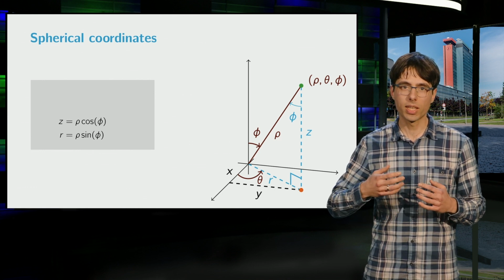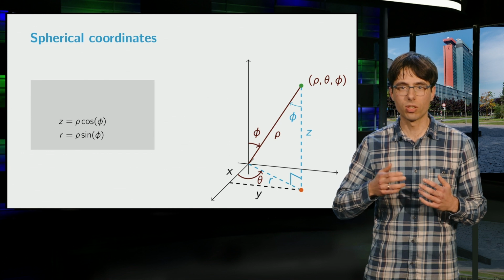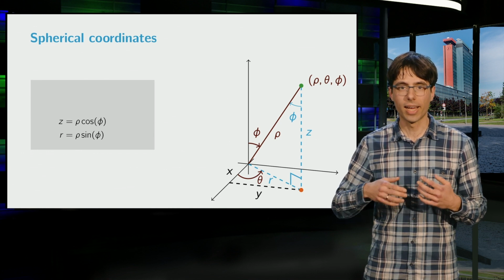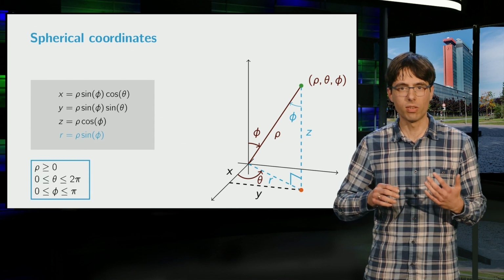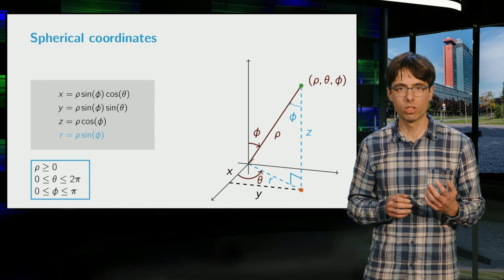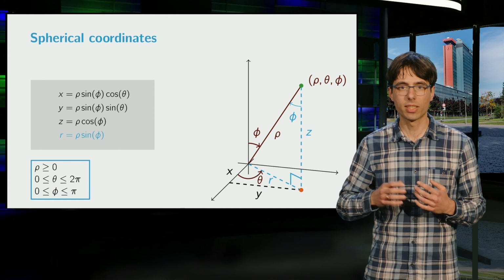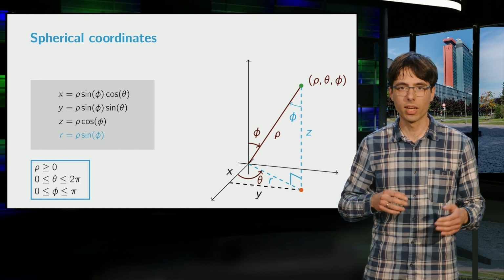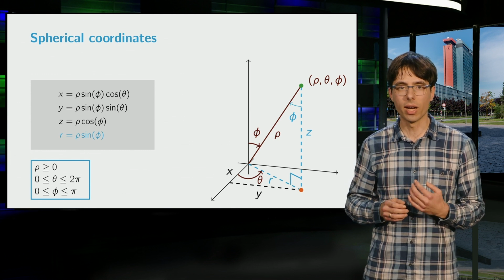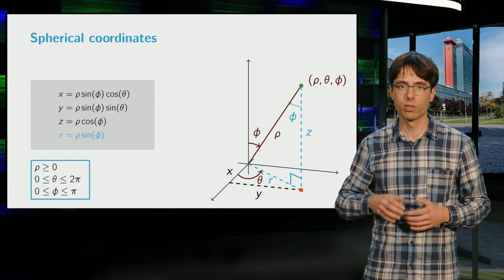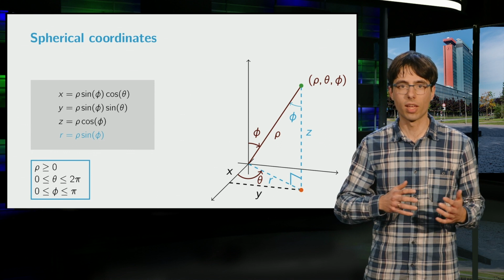So that means that we can write z as rho cosine phi and r as rho sine phi. Since we already know how x and y can be expressed in terms of r and theta, we find that x, which is r cosine theta, is given by rho sine phi cosine theta, and y, which is r sine theta, equals rho sine phi sine theta.